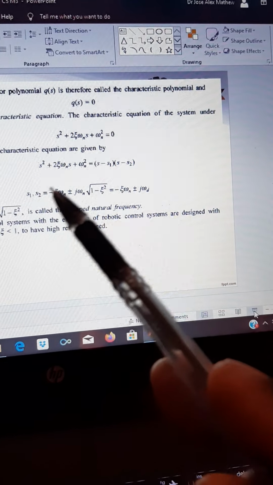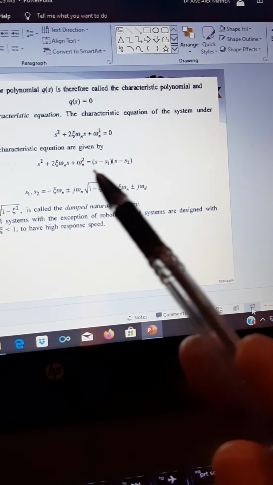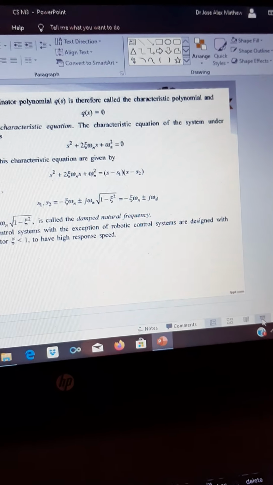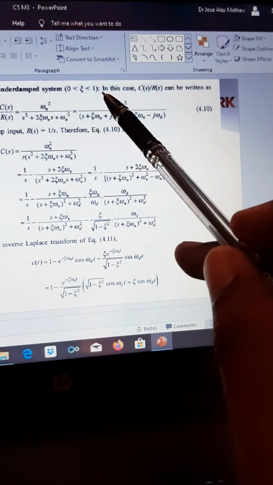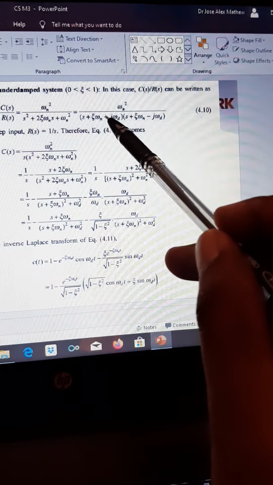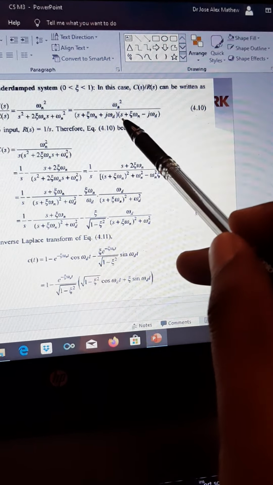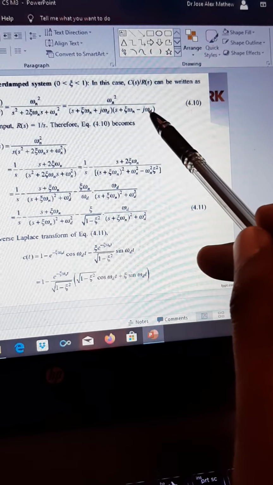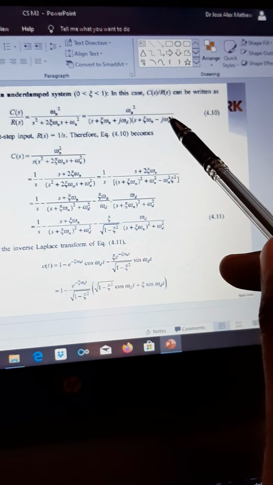This is in the form S minus S1 into S minus S2, so when you write it you get S plus psi omega n plus j omega d, S plus psi omega n minus j omega d.